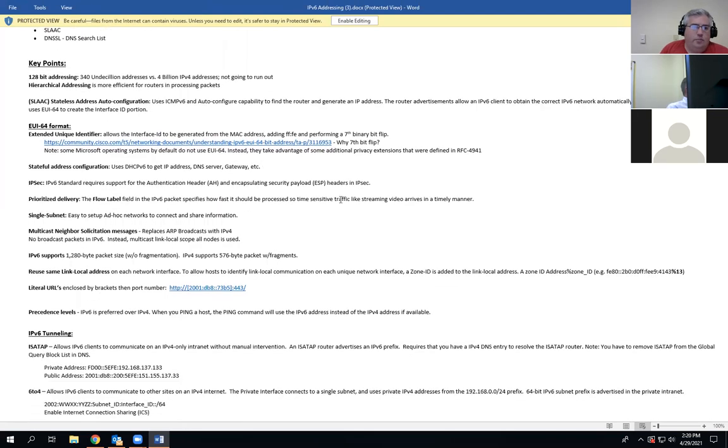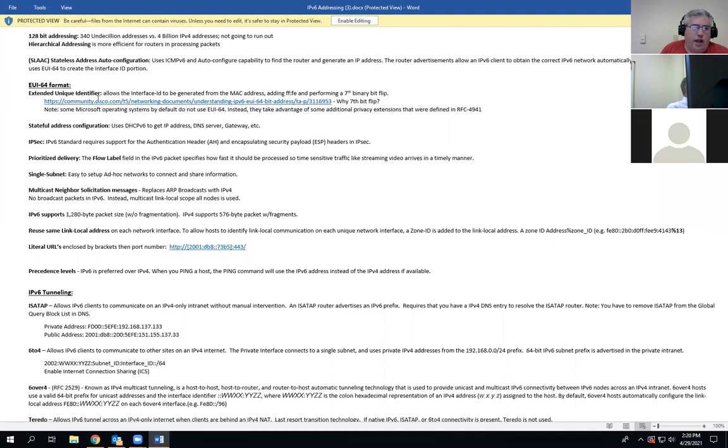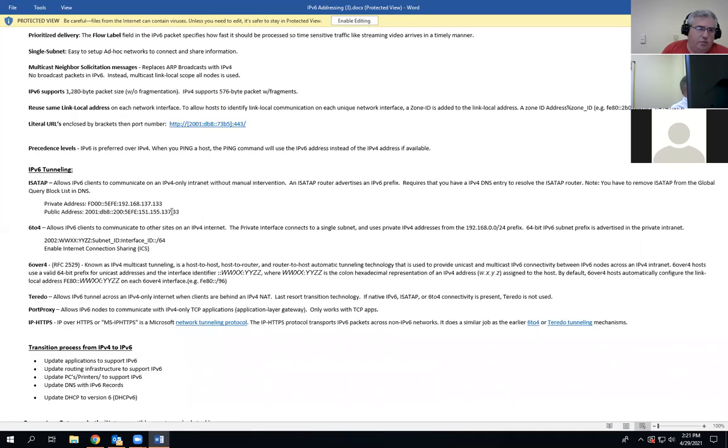And we talked about how we translated a MAC address to the EUI-64 format: you split the MAC address in half, then put FFFE in between.